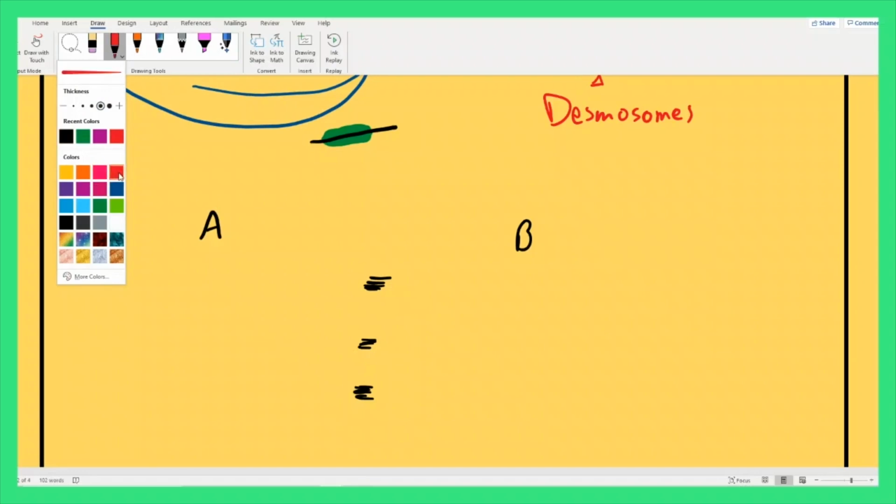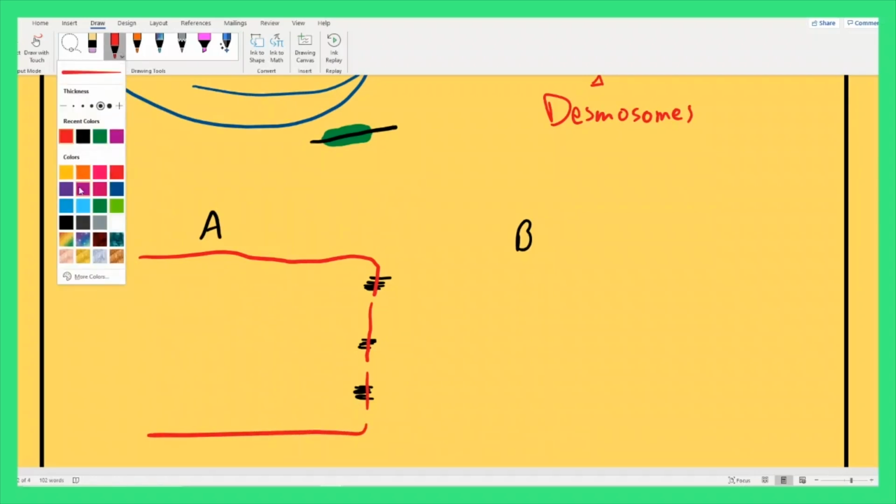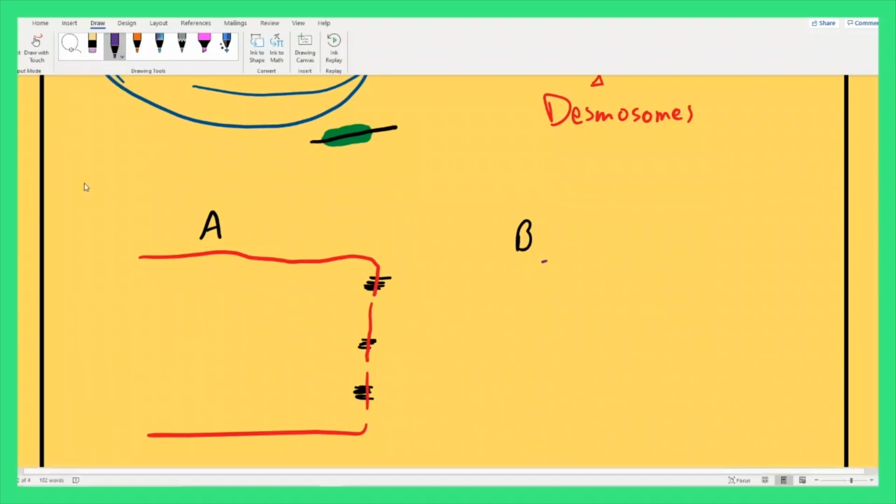So here's the cell membrane of cell A, and here's the cell membrane of cell B. Maybe this will make it a little bit more clear.